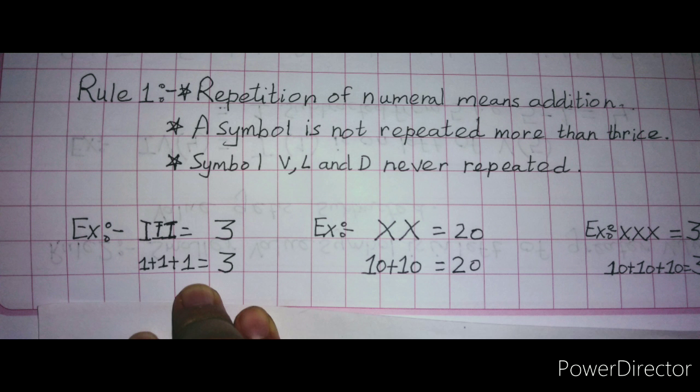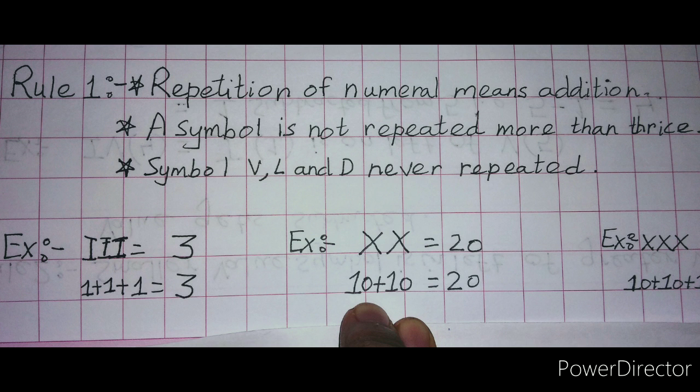Let us look into some examples now. The first example is III. I means 1, from the table we have seen. So we will write 1 plus 1 plus 1, which is equal to 3. So I is repeated only 3 times. We can't repeat it more than 3 times. So it is equal to 3.